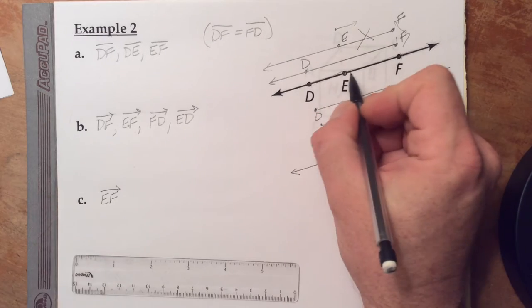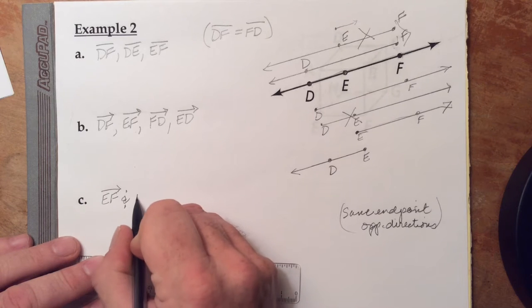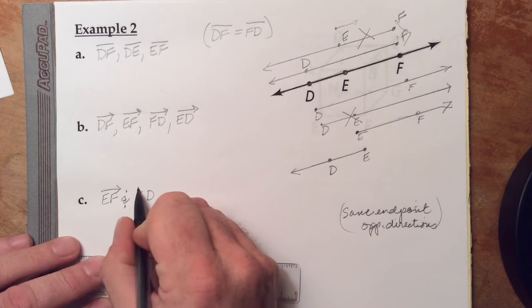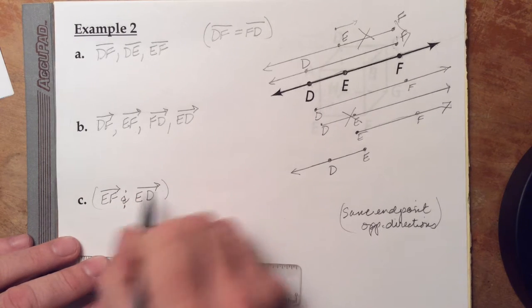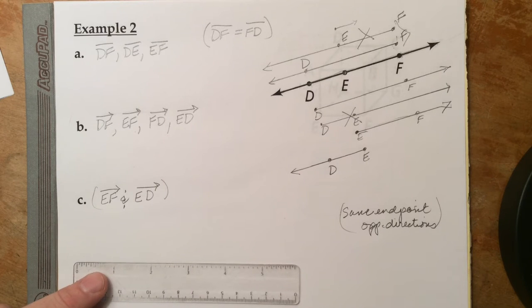It has to be the opposite direction. These are opposite rays together. A pair of opposite rays are these two. That's the only possible combination of opposite rays in this example.